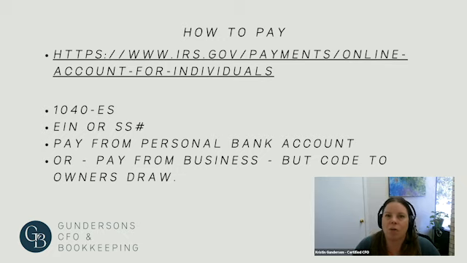You can either create an account or you can do it as a guest. You'll just have to know your social security number and where you lived last year. So if you have your last year's tax return, that would be really good to have handy because you'll need that. And then what you're doing is making an estimated payment. So it's actually called a 1040 ES.